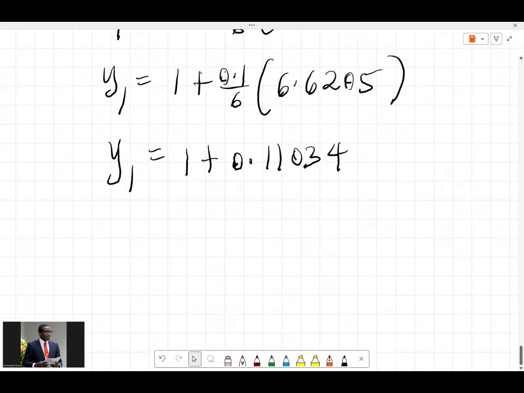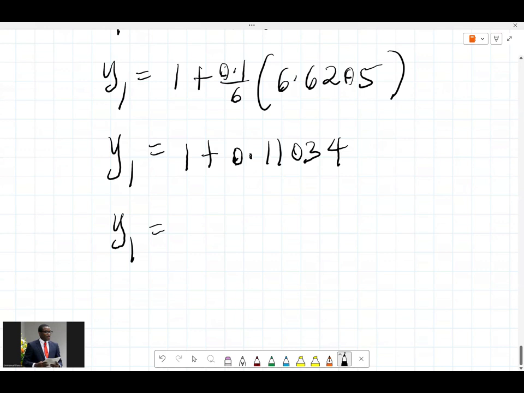So finally, we have y1 to be 1.11034. Okay, that's what y1 ends up being.